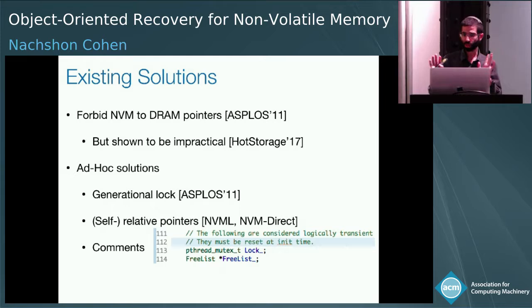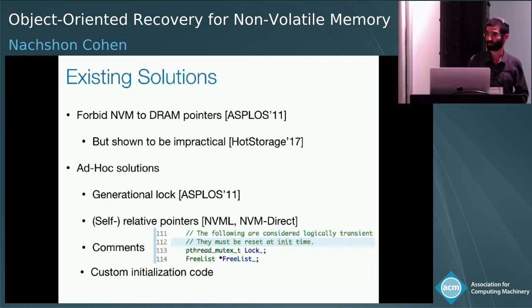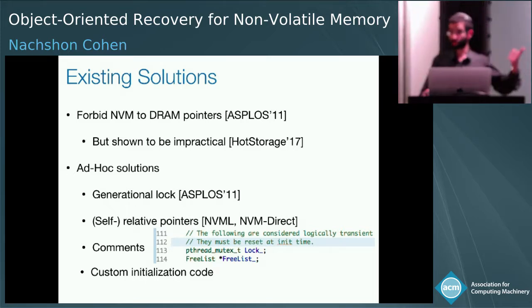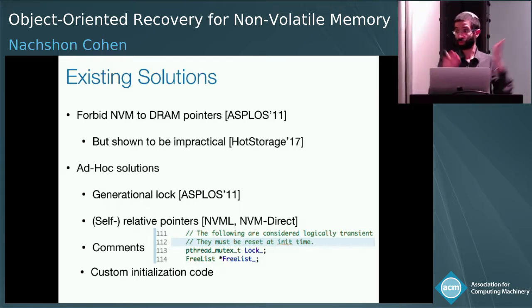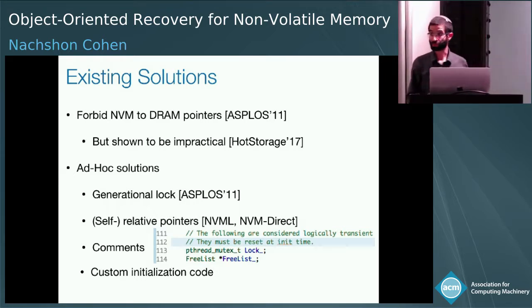And they say, notice that these two fields should be transient. So please, please, please do reset all these variables every time you restart. And of course, you have to write a lot of initialization code to actually maintain this property. And of course, good luck with ensuring that this invariant is always followed.